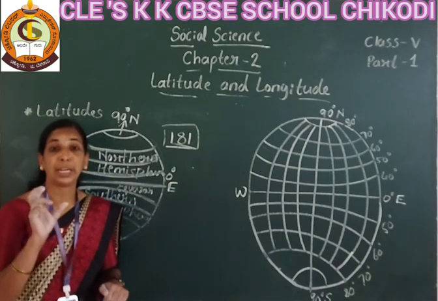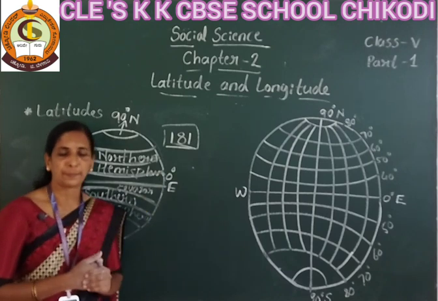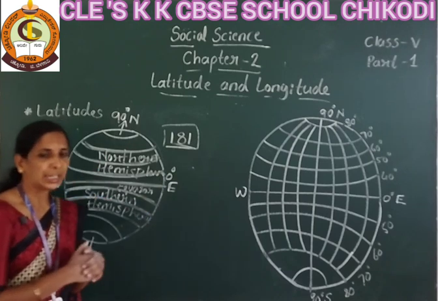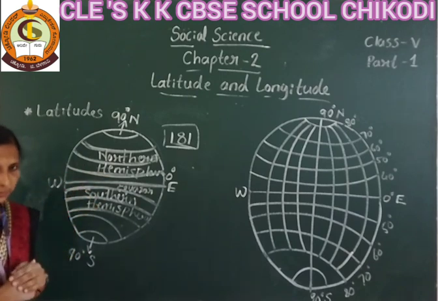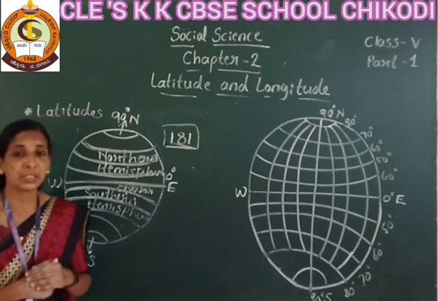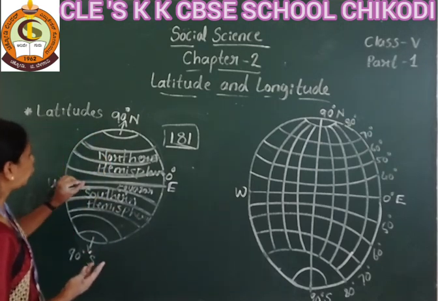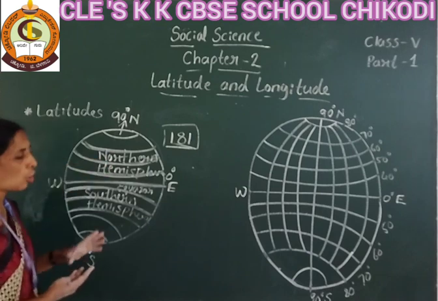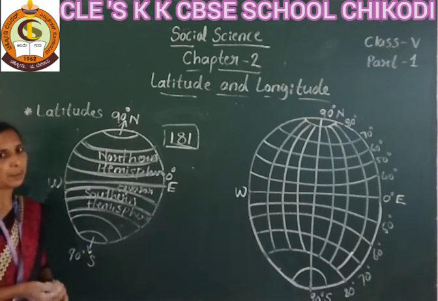Equator. The equator is 0 degree. The equator divides the earth into two hemispheres. Above is the northern hemisphere and below is the southern hemisphere.